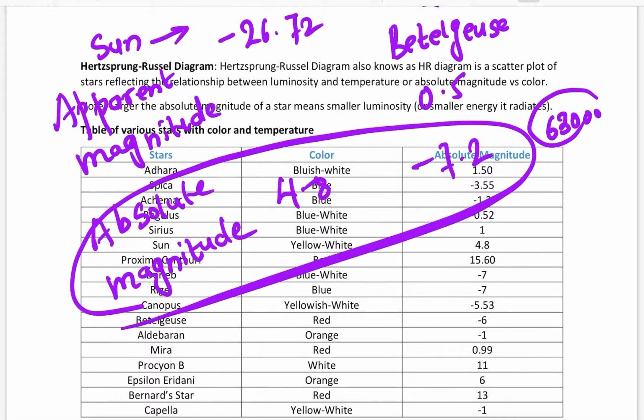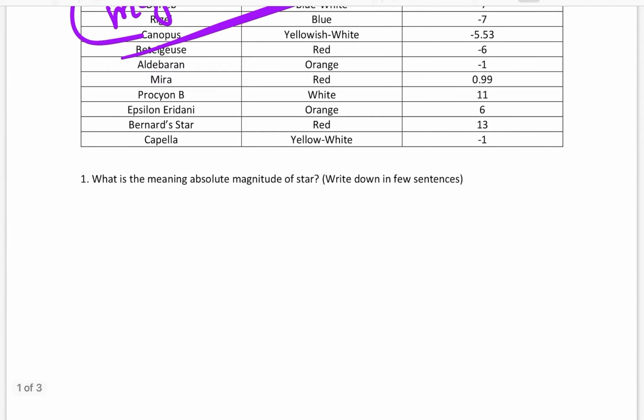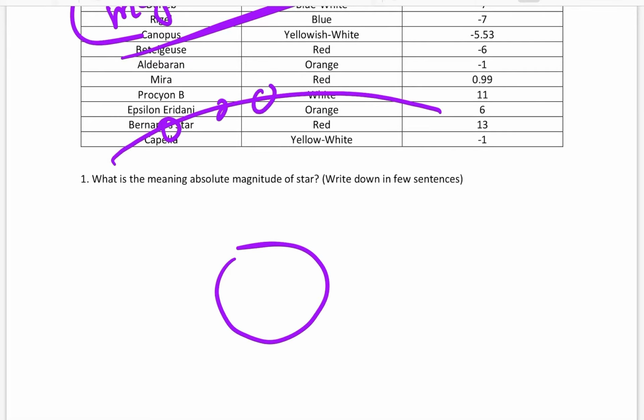So what is the absolute magnitude again? The absolute magnitude means how bright the stars are. Let's say this is again the Earth's surface, and you keep all the stars exactly at the same distance, and this distance is 10 parsec, or in other words, equivalent to 32.6 light years.